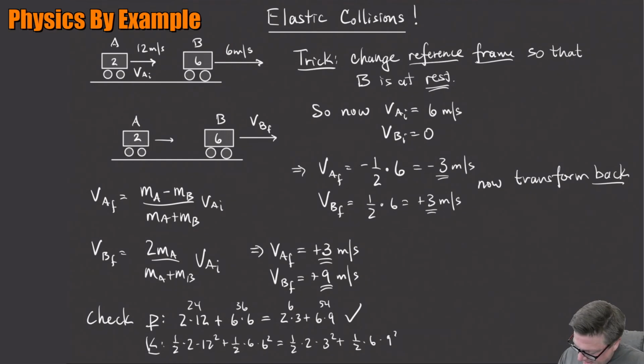So this is 144 plus 108. Is this the same as 9 plus 81 times 6? What is that? 486 times a half, 243? So 252 on each side, you betcha. Sure enough, this trick worked.